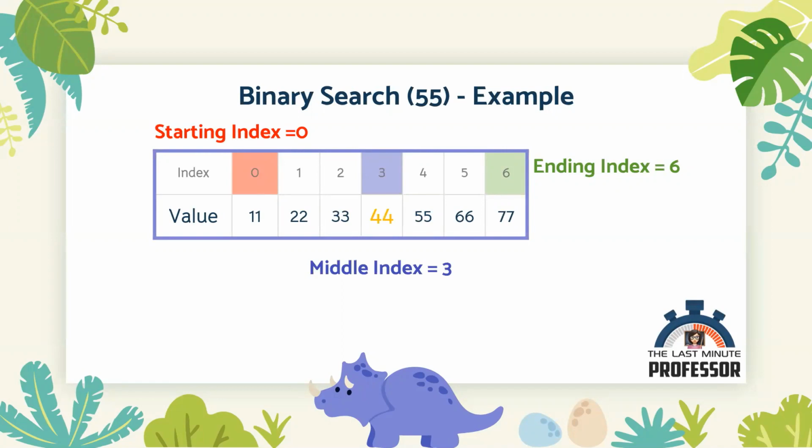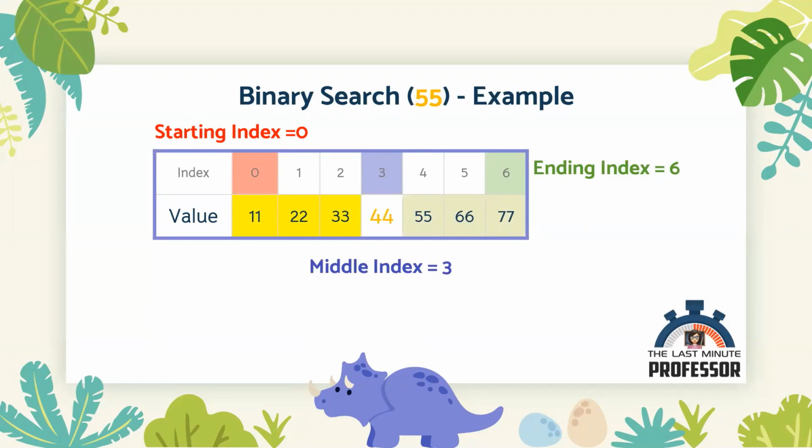The next search is comparing the middle element with the search value. So 55 is greater than 44. If at all the search element 55 is present, it should be to the right of 44. So we restrict our search interval with the elements to the right of 44.